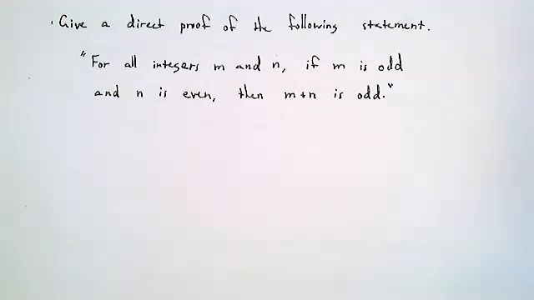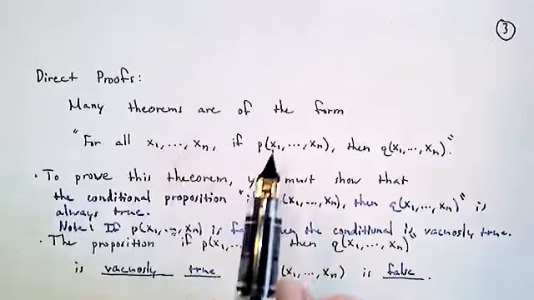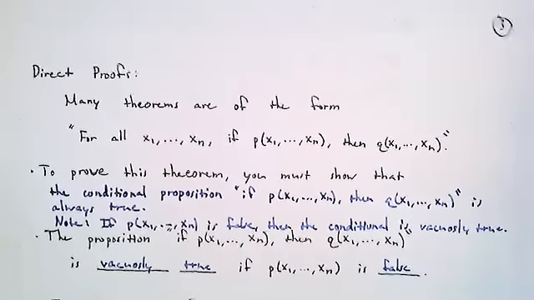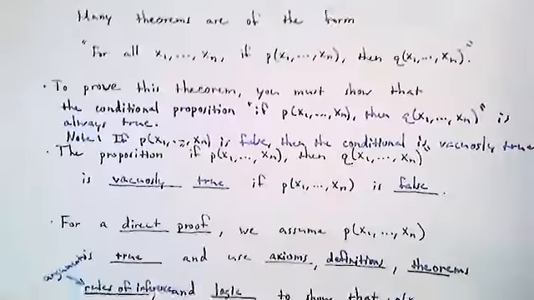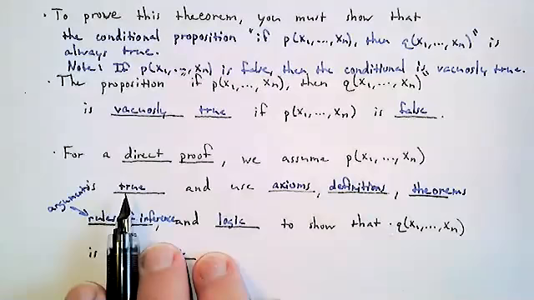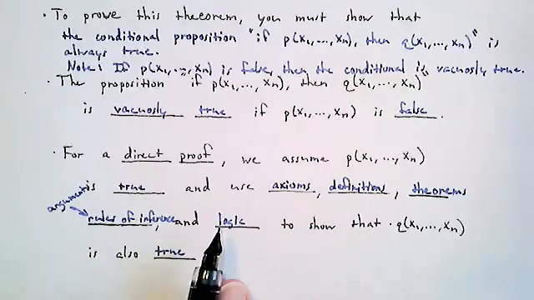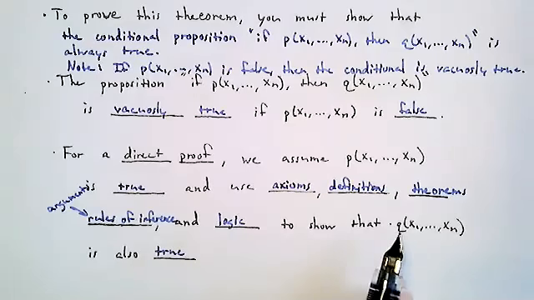So remember, a direct proof, that's what we were just talking about, is where we're looking at an if-then proposition, and we're going to assume that the hypothesis is true, and then we're going to use our other ideas and logic to show that the conclusion Q is true.